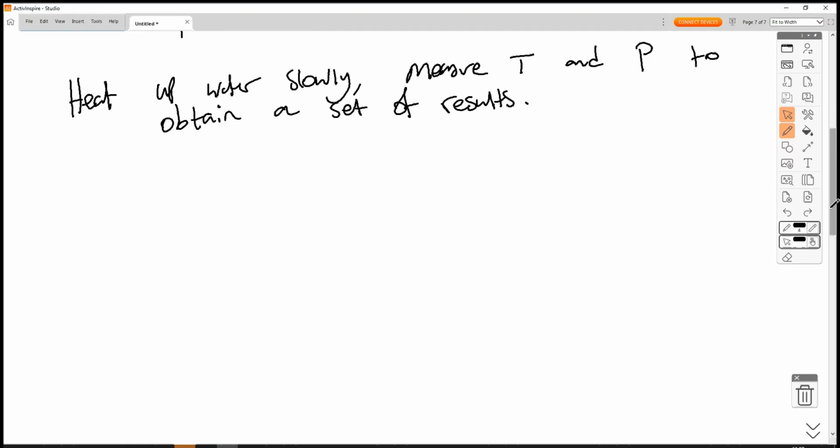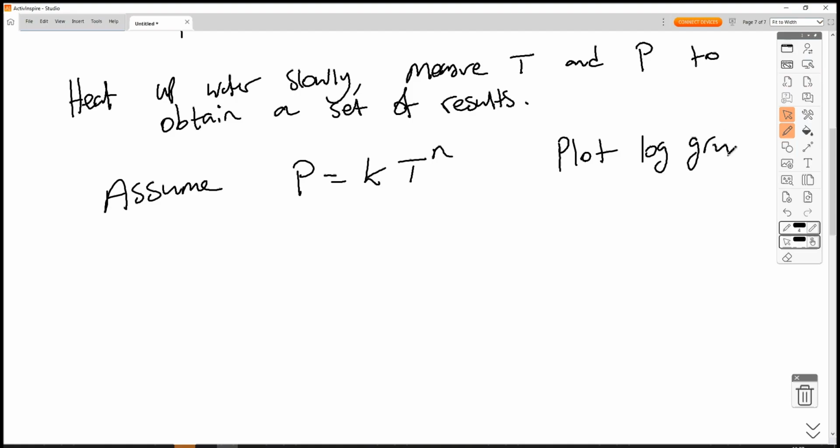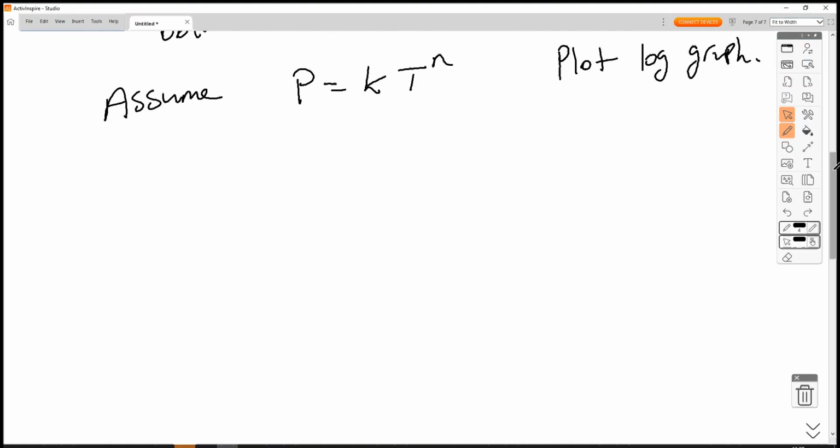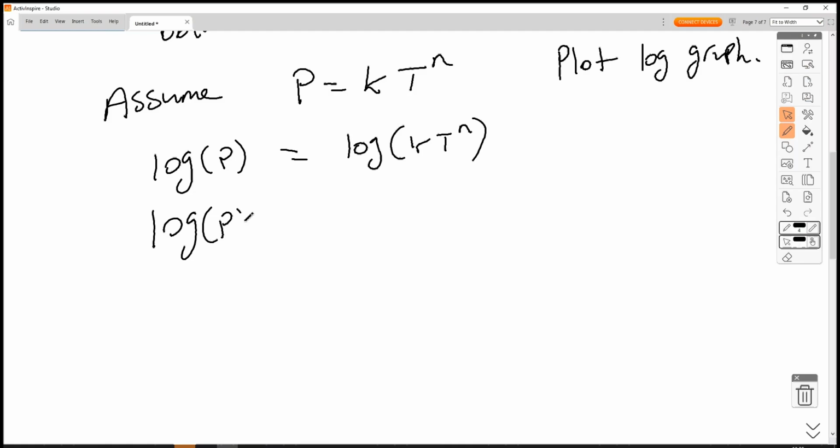We make a similar assumption. So we assume P equals K T to the N, and we plot a log graph. So we log everything again. Log P equals log KT to the N. So similarly, again, we separate these logs.